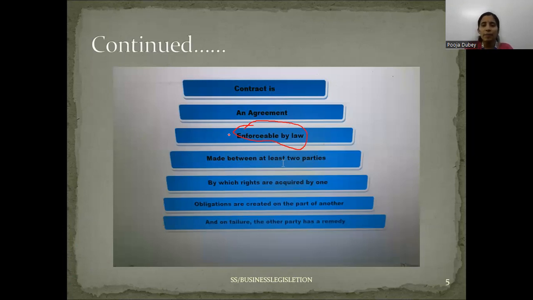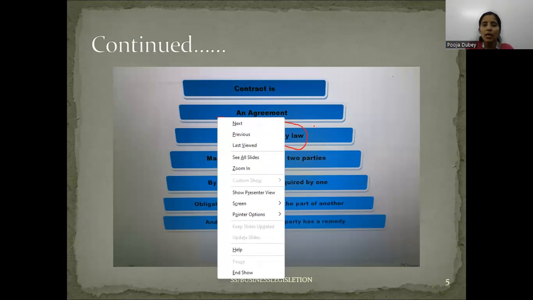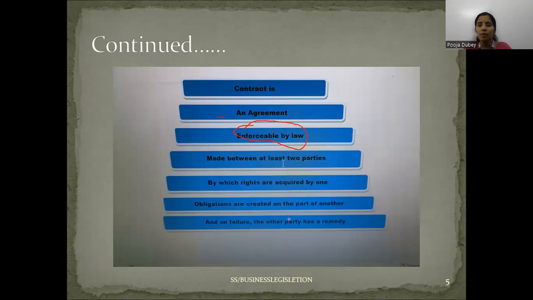So this agreement will be made between the two parties. There must be at least two parties where the agreement is being made, like party A and party B. Here is party A and here is party B. One party, at least two parties. So the contract can be made between the two parties.